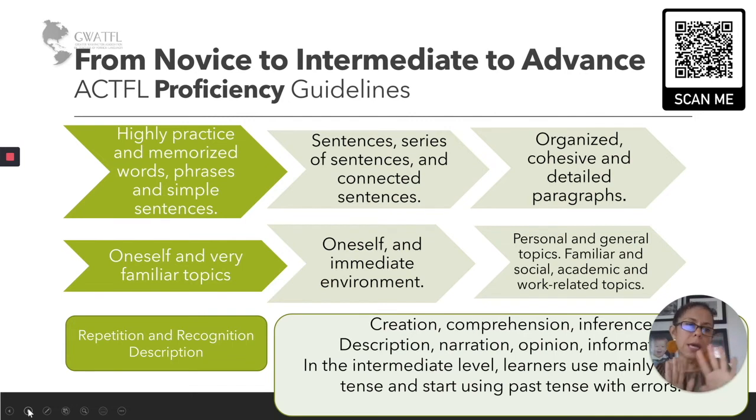And then at the end of intermediate, when we are getting to that advanced level, is when we see that consistency in the language. This helped me a lot. So when I provide tasks and design tasks for my students, I always keep this in mind. And I also share this with them so they know that they don't need to be perfect, because perfection is not expected in the world language classrooms.